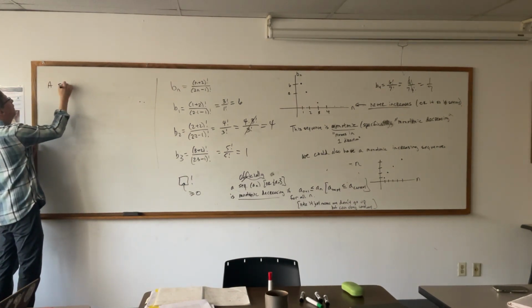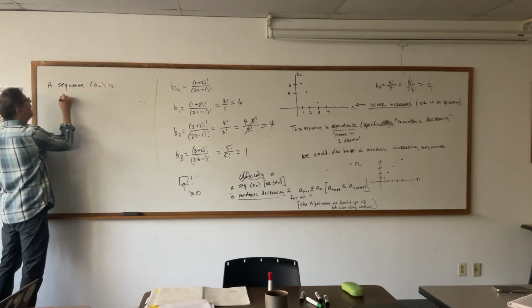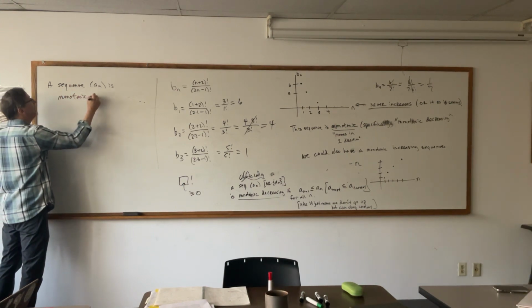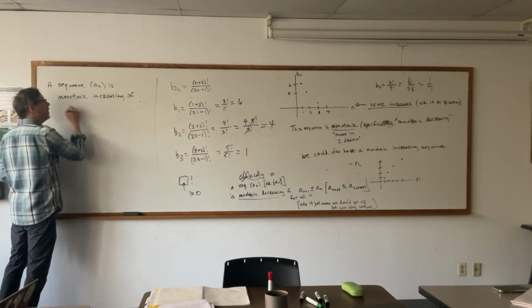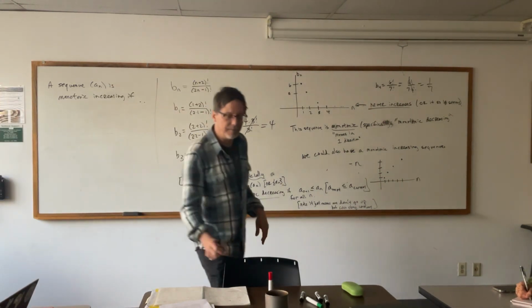A sequence a sub n is monotonic increasing if, what is the condition? What would be the condition for this? Everybody take a second, see if you can mimic that definition. I just want to give you practice with those subscripts, thinking about what is all going on here.